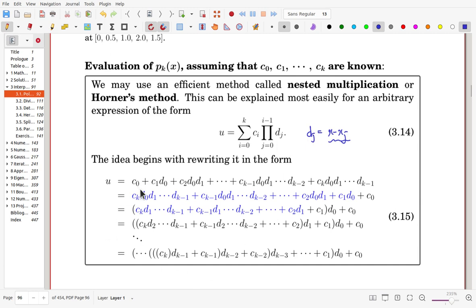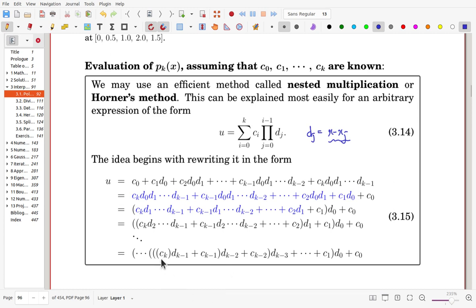Now, that is here the formula, and we write down this one the opposite way. Then, except for this one, every term includes d0, so we can factor out d0, and that is here in the middle part. And then except for this one, again, every term has d1. So again, we can factor out d1, and we continue this factoring. Then we can recheck here.